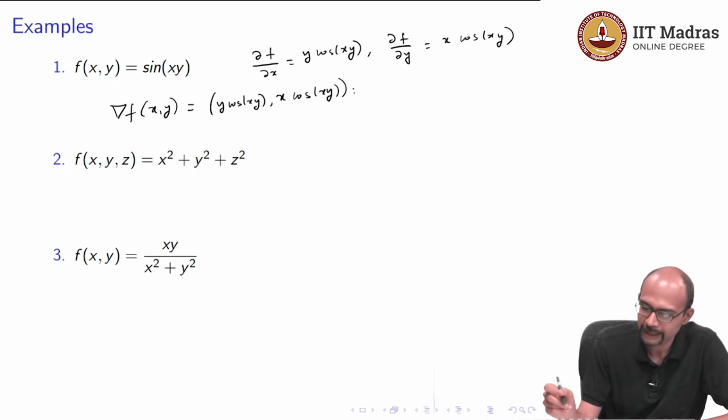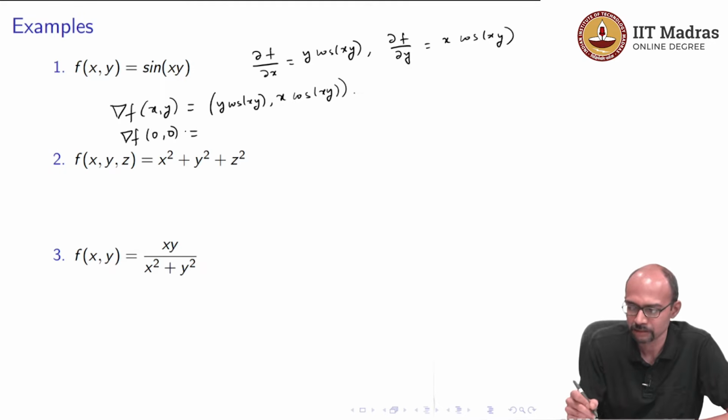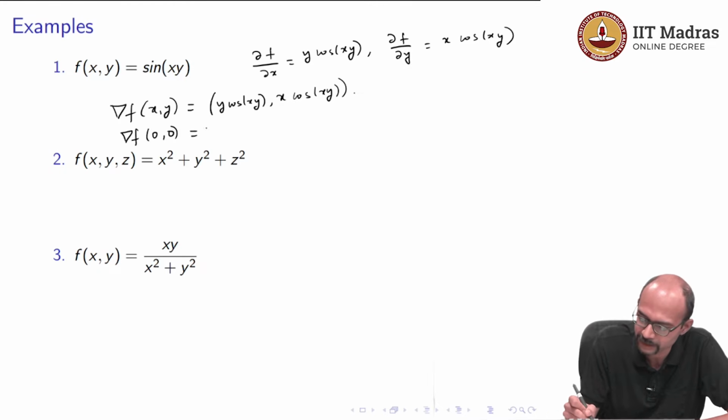And what is the gradient vector at some point? Let us say if I want to compute the gradient vector at 0, 0, then you evaluate this at 0, 0. So, this is the gradient vector at 0, 0, and you can see if you evaluate it, you will get 0, 0.